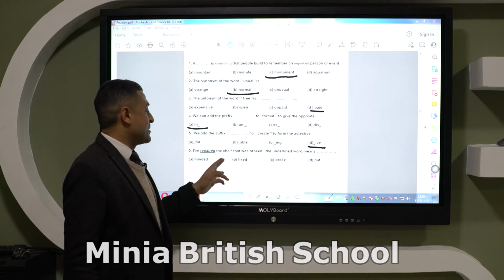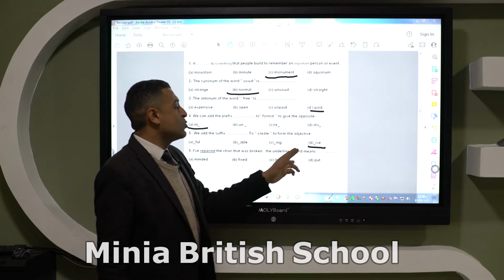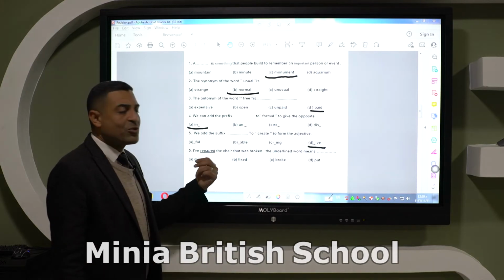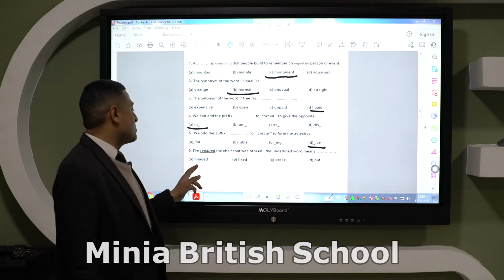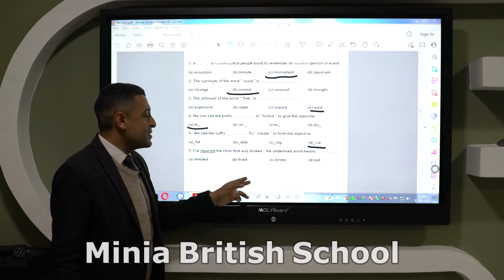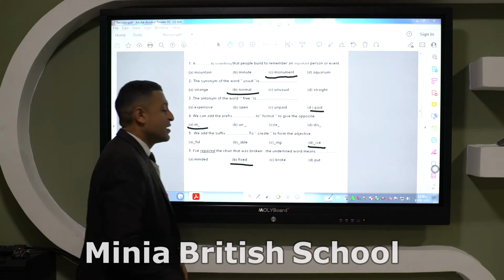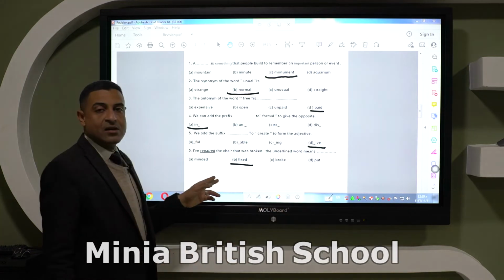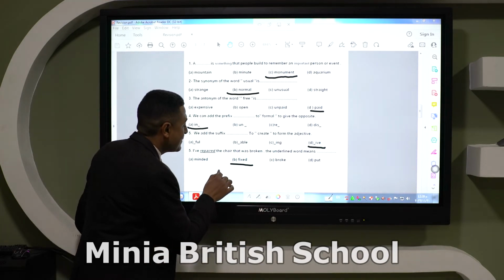I have repaired the chair that was broken. The underlined word means. Which word is underlined? Repaired. What does this word mean? Does it mean minded, fixed, broke, or put? It's fixed. What? Minded? No, I think you mean mended.